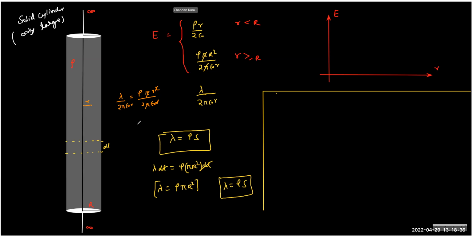For the outer point, because the charge is not everywhere, the charge will stop only at capital R. So we take the answer up to capital R. So there is a single formula which can derive all answers. What one should remember is this much, and that is more than sufficient for all cylindrical problems. We substitute lambda as per its value. Yeah, correct.